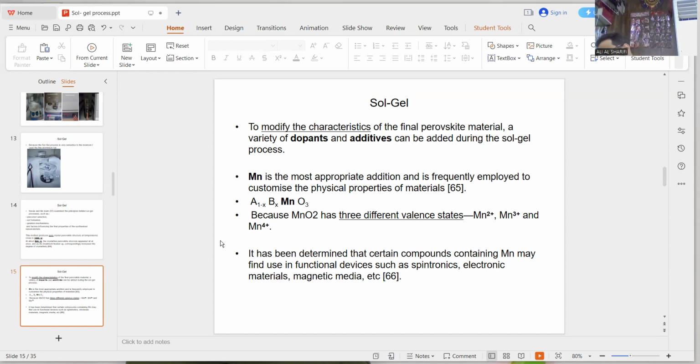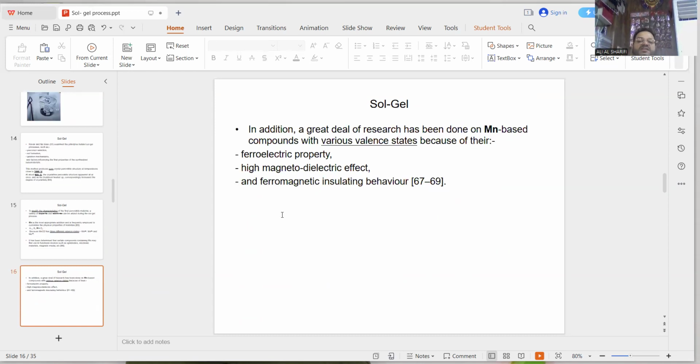It's used in the medical field, for dealing with cancer disease, electronic material and magnetic media and more. In addition, a great deal of research has been done on manganese-based compounds with various valence states, because it has different valence states.